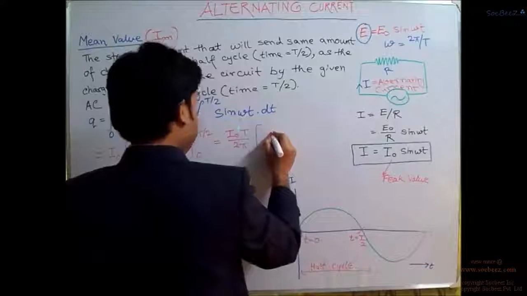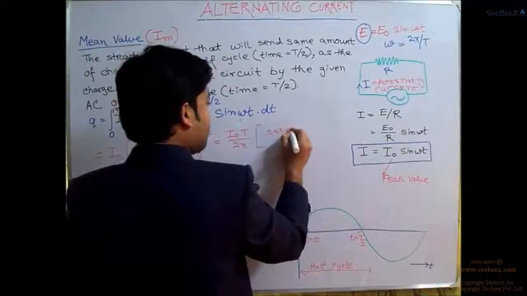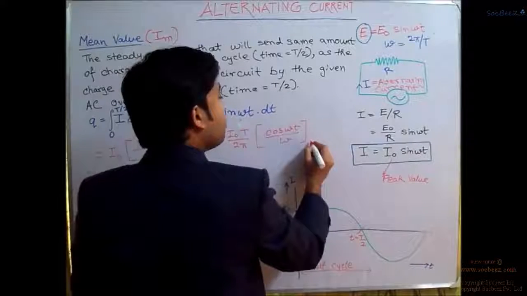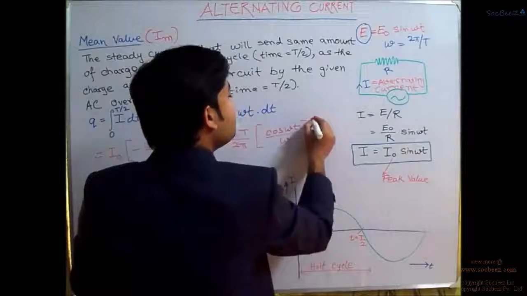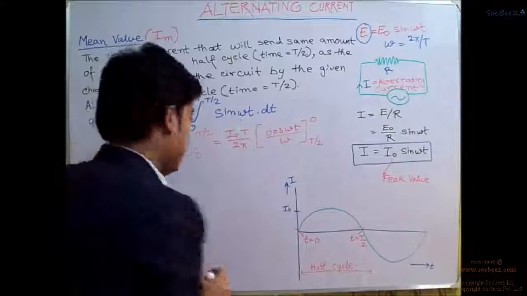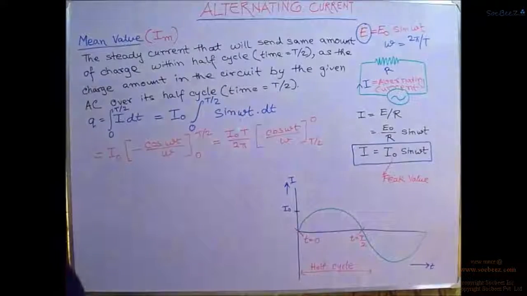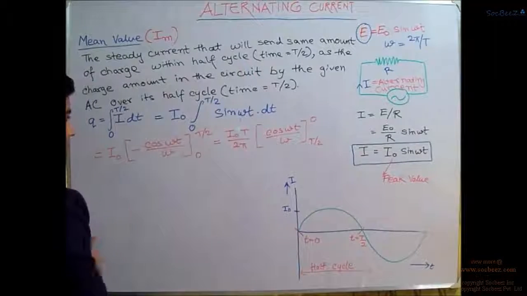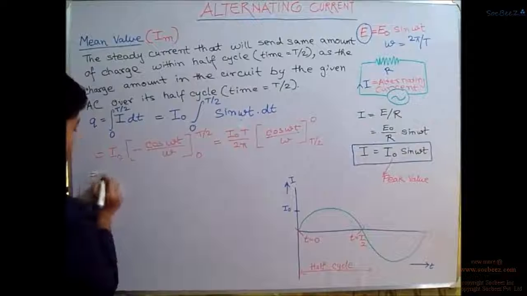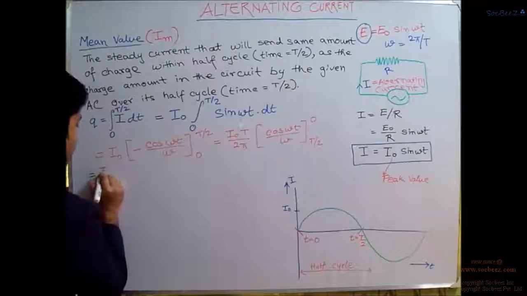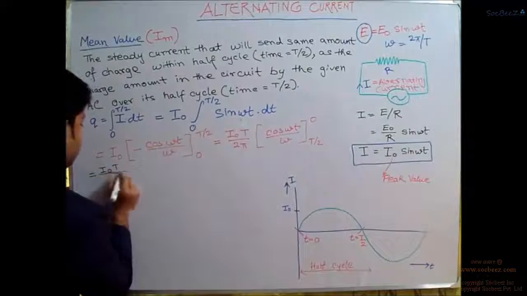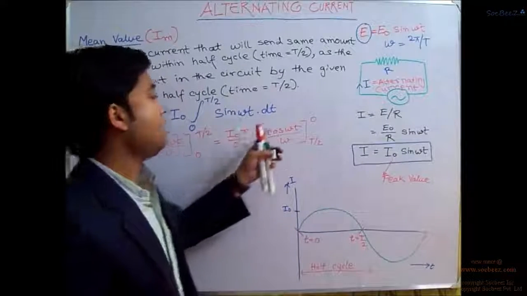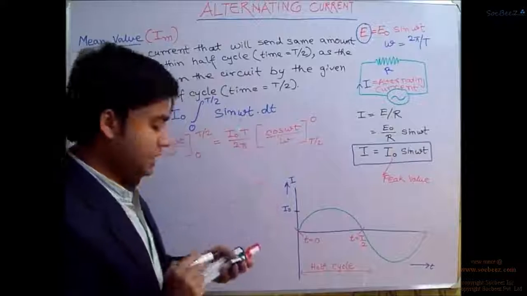So this will be cos omega t from T by 2 to 0, right? So it will come to I naught T divided by 2 pi, now multiplied by cos omega t.